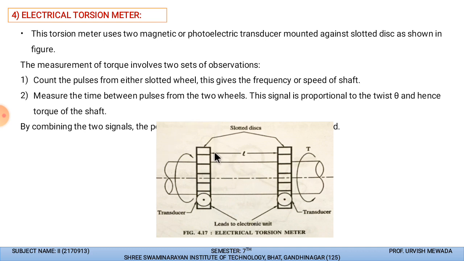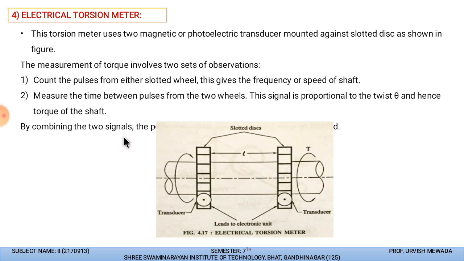This will measure the pulses of this wheel, or this will measure the pulses of that wheel. So either of these two will measure the count of the pulses, and this gives the frequency or the speed of the shaft.